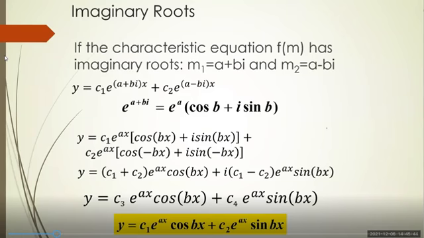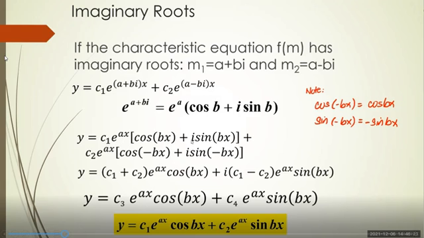Do take note that cosine of negative bx is still cosine of bx, whereas sine of negative bx is basically negative sine bx. All right? So when we combine both cosines, you can say that that's basically c1 plus c2.